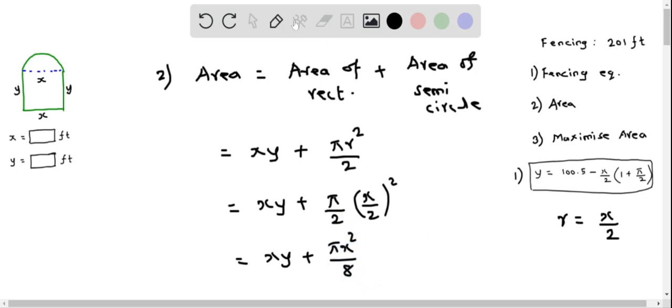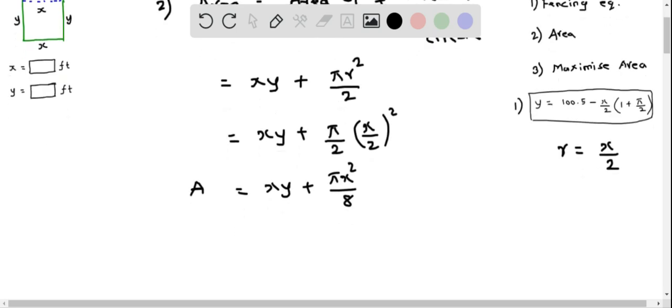We will also replace y now, since we have to write this area in one variable. We cannot work with two variables. So we have to replace y with the expression for y that we determined after step 1. When we do that, we can consider this as a function of x, so I'm replacing A by A of x.